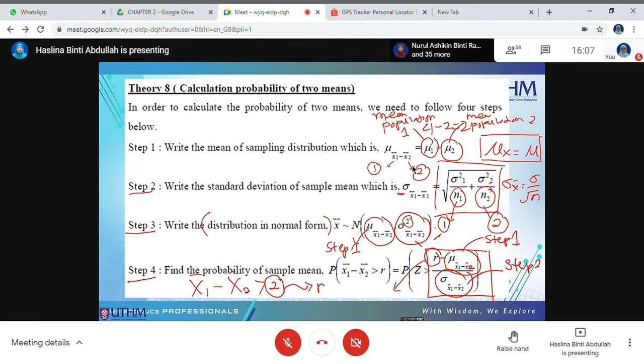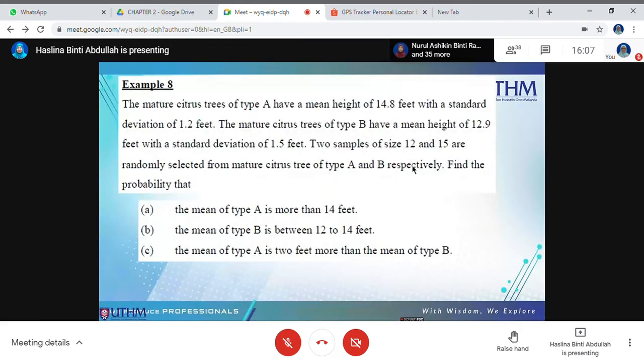Okay. Example 8. Last year, 2020, this was the final question in your final exam. I just substituted this word with artificial trees.